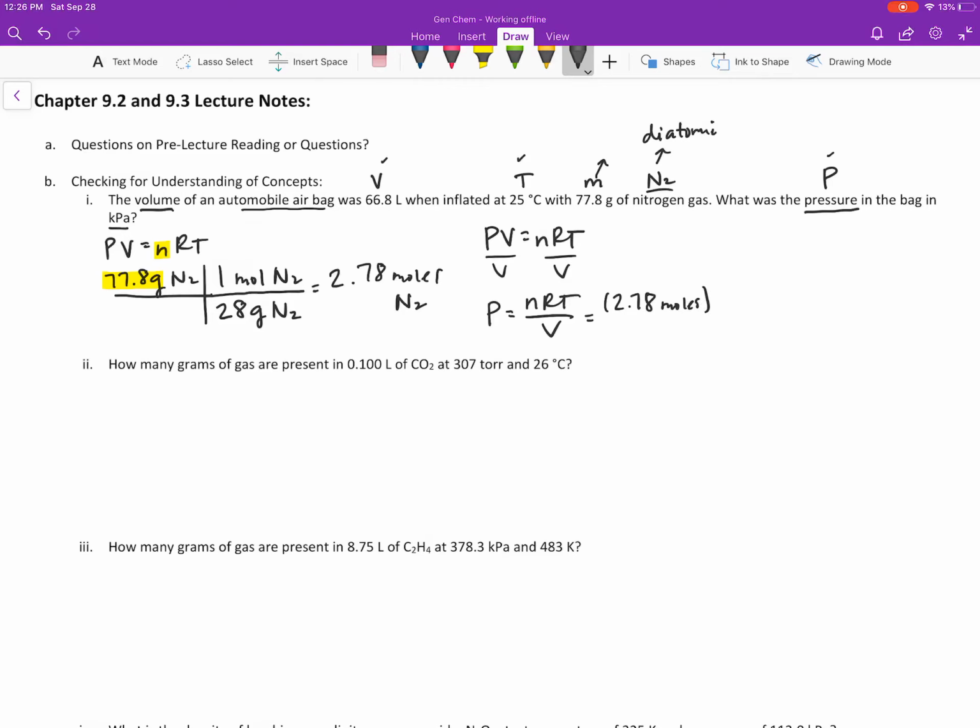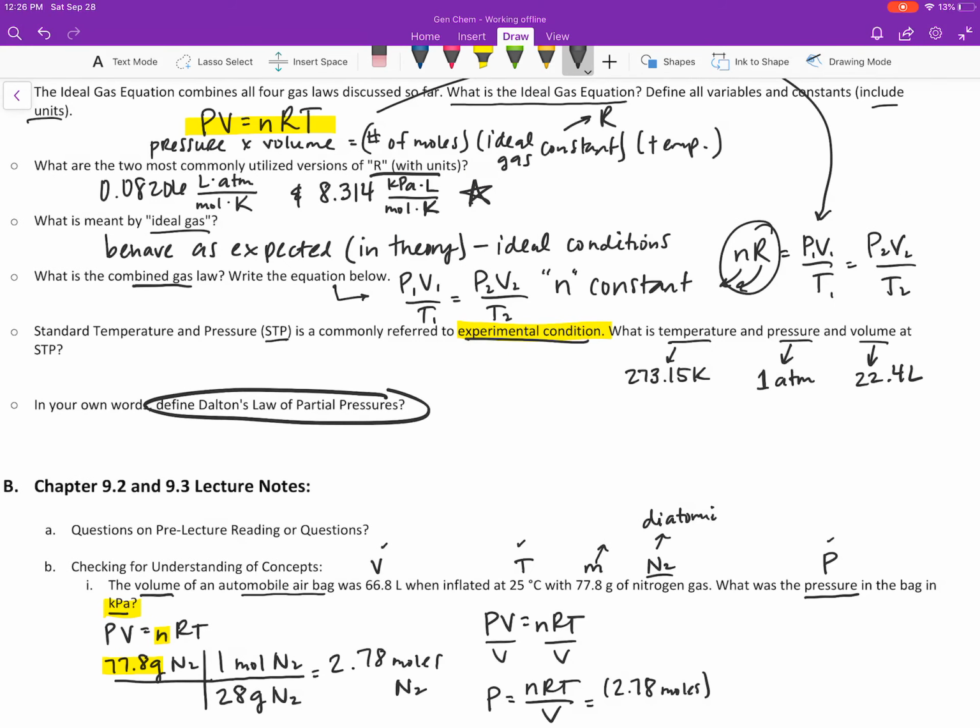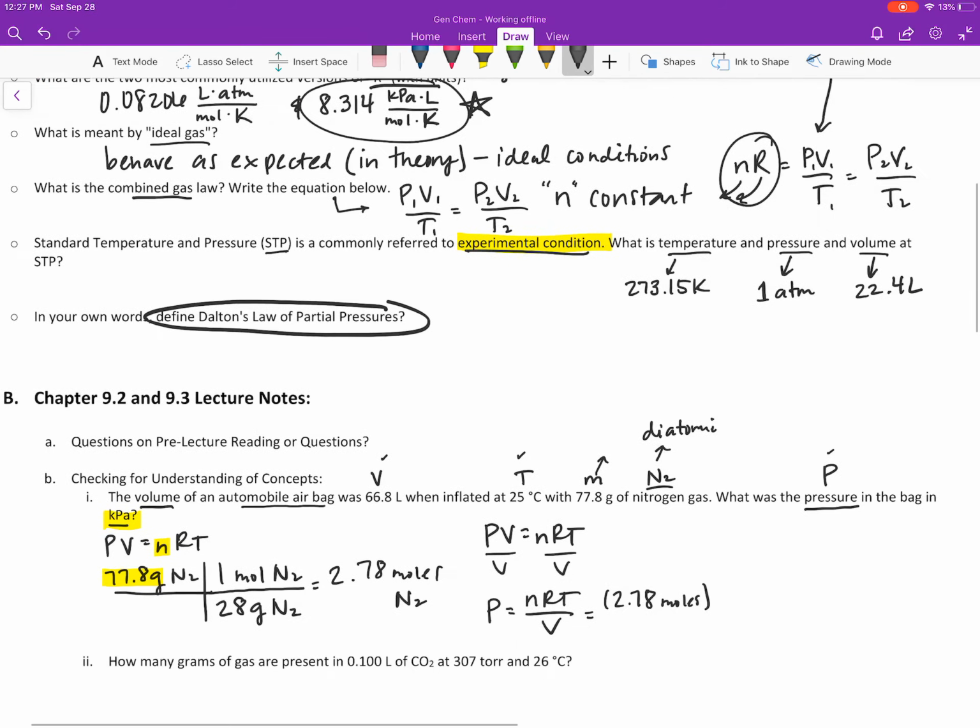Now, it's an important decision about R, because I need to solve for kilopascals, so I can go ahead and use the second R constant because that gives me units of kilopascals. Okay, and now I'm going to multiply by the temperature.